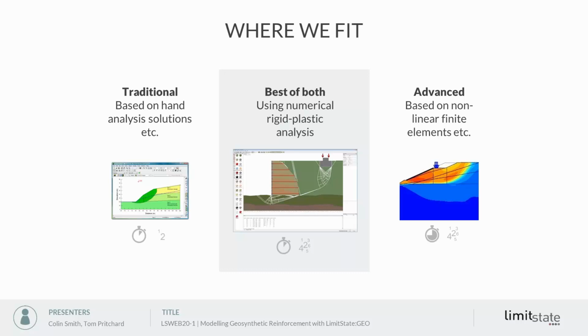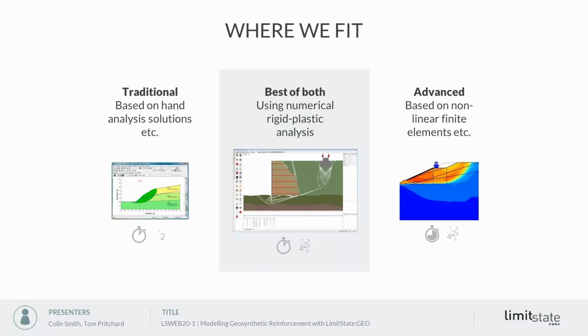Well, we focus on tools for ultimate limit state analysis, so that allows us to provide products that combine speed, ease of use and simplicity of the traditional methods, but we've got the flexibility of finite element type methods to handle any problem geometry. Because of this ultimate limit state analysis, the only core parameters we require are cohesion, friction and weight of soil.